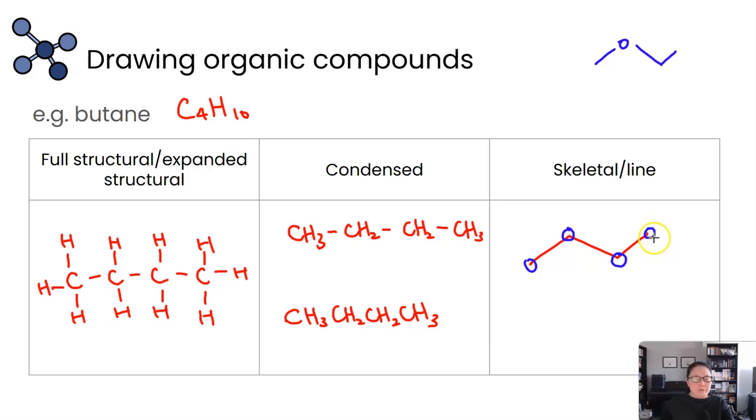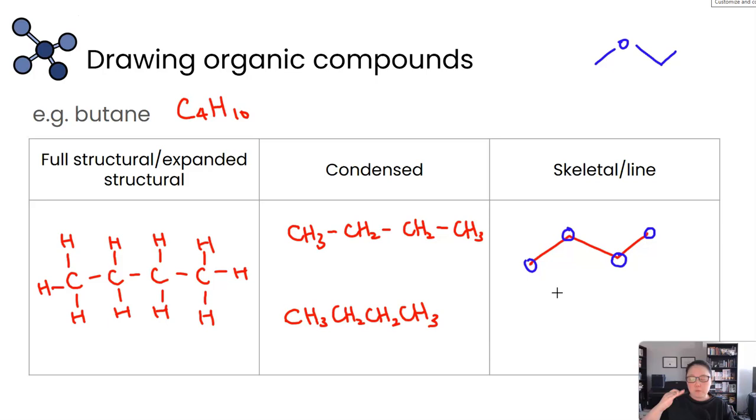You assume that if there isn't anything else, all of the remaining bonds that carbon could make out of its four are going to be hydrogens. So it takes out a lot of the bulk of the other diagrams, and you get to the point of what is going on with that structure. And if you have very complex structures, it makes it a lot easier to see as well.